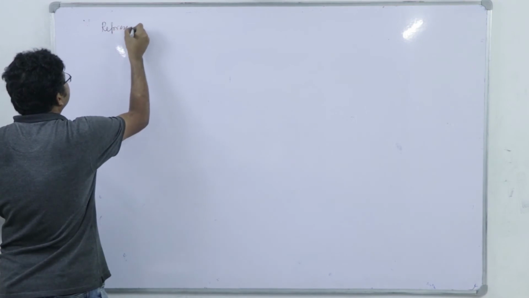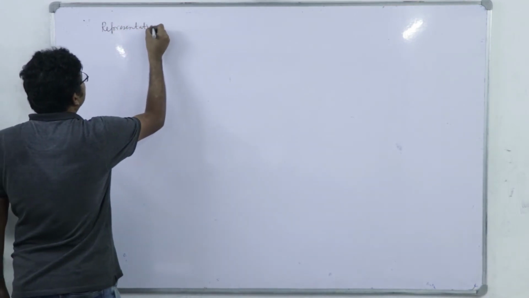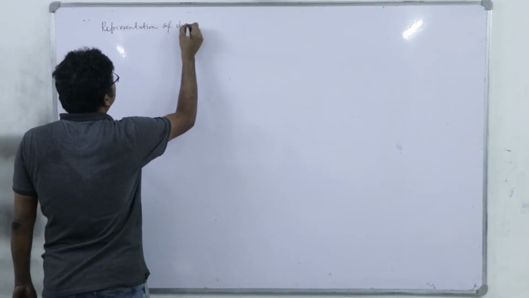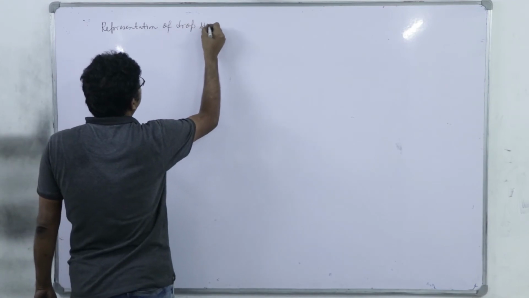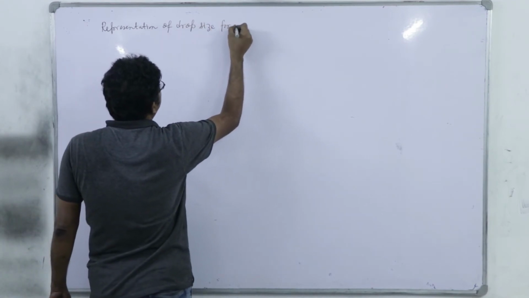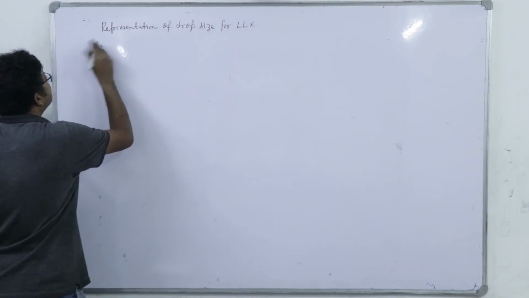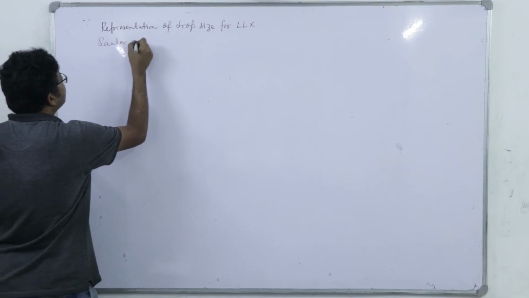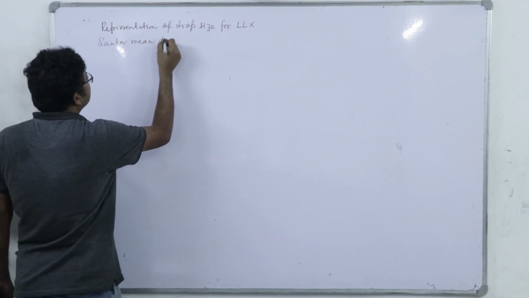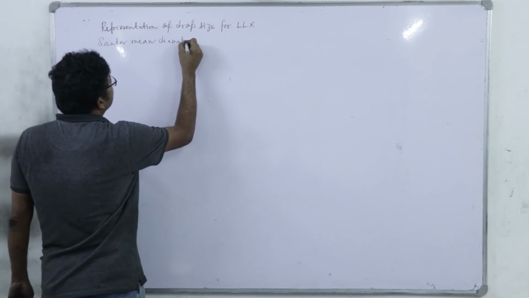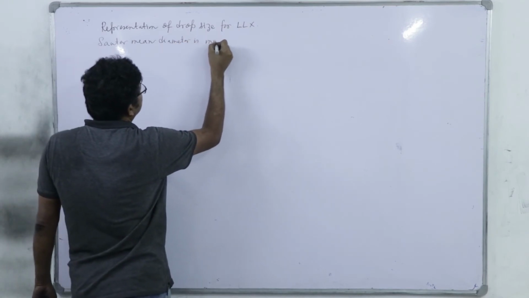Representation of drop size for LLX: the Sauter mean diameter is most appropriate.